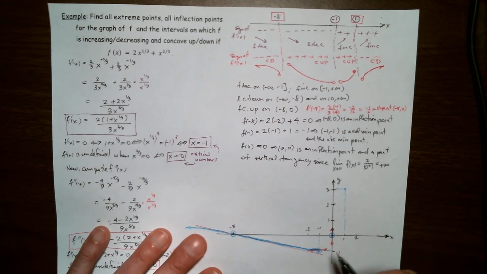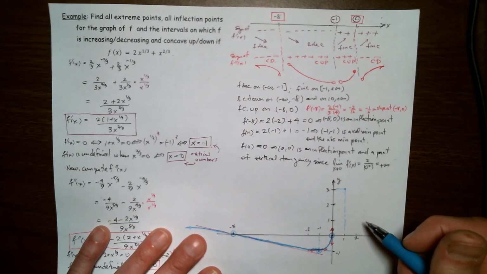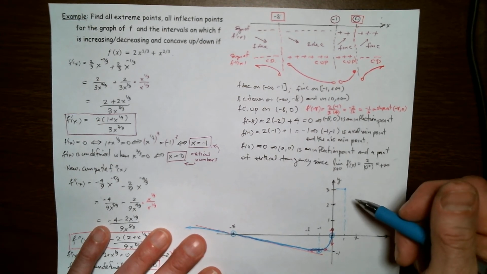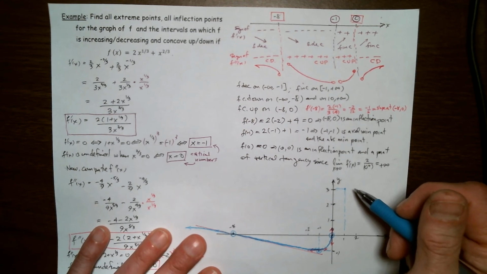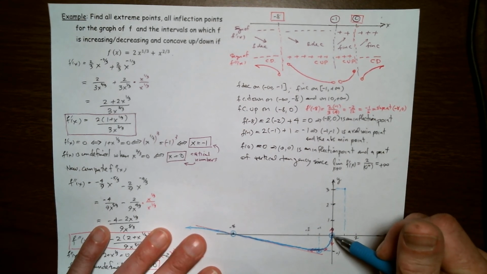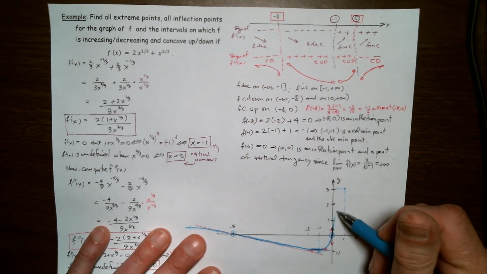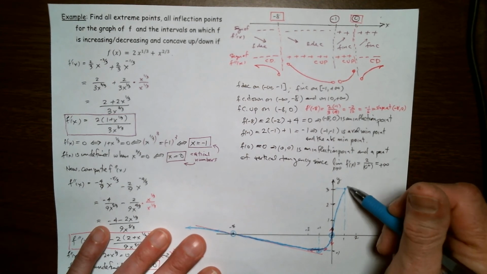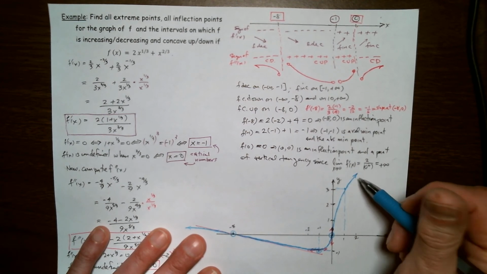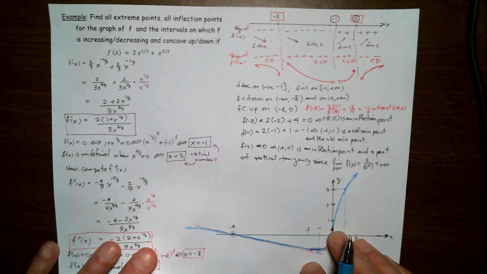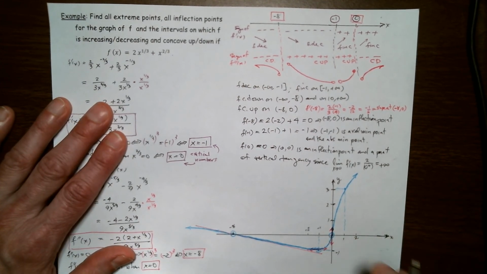Then between x equals -1 and x equals 0, the graph increases and it turns concave up, and it has this vertical tangent line at the origin. To the right of 0, the graph continues to increase, but now it's concave down, okay? And we know that it passes through this point 1, 3. So the graph of f would have to have roughly this shape.